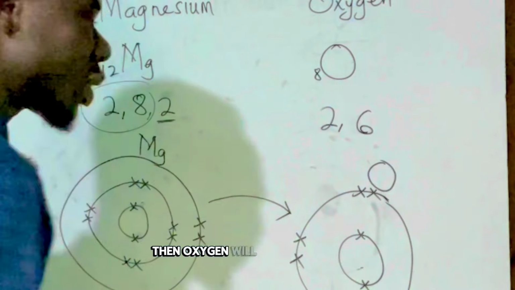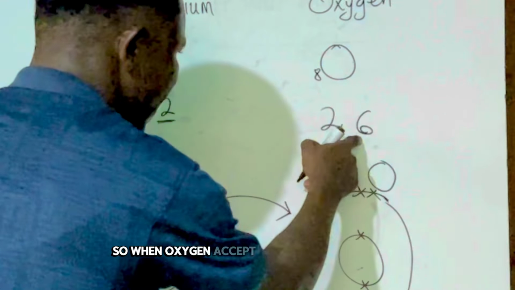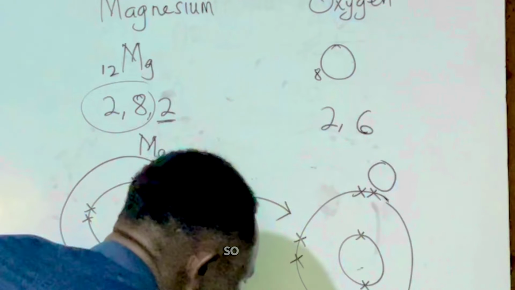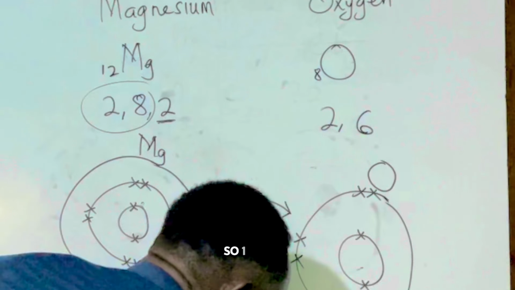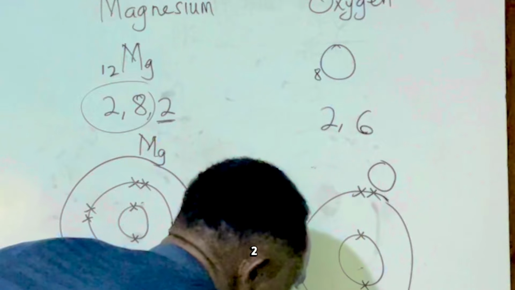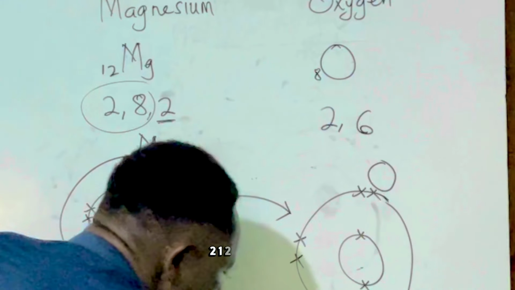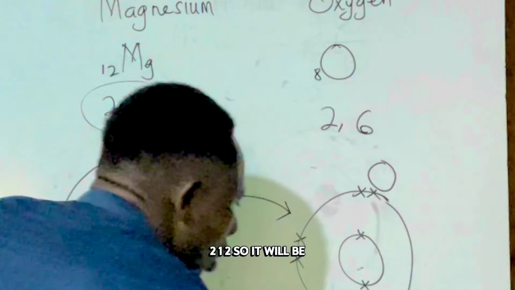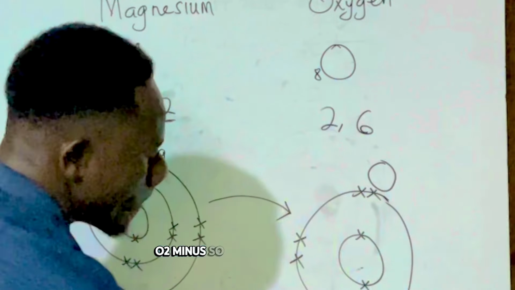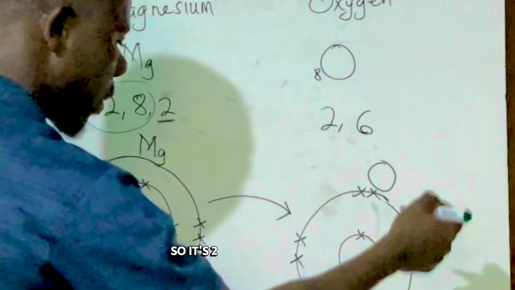Then oxygen will now accept the 2. So when oxygen accepts the 2, it is going to be 2, 8. So it will be O 2 minus. So oxygen accepted 2, so it's 2 minus.